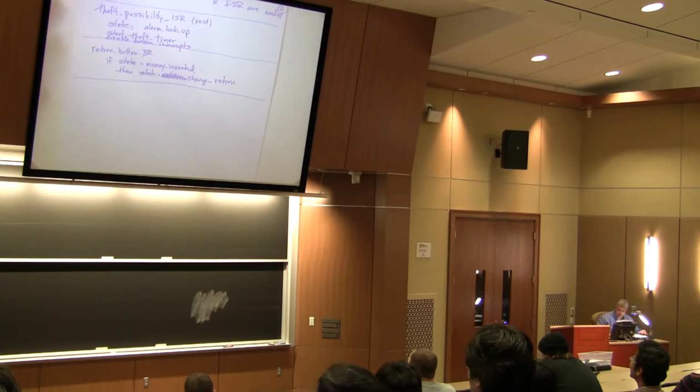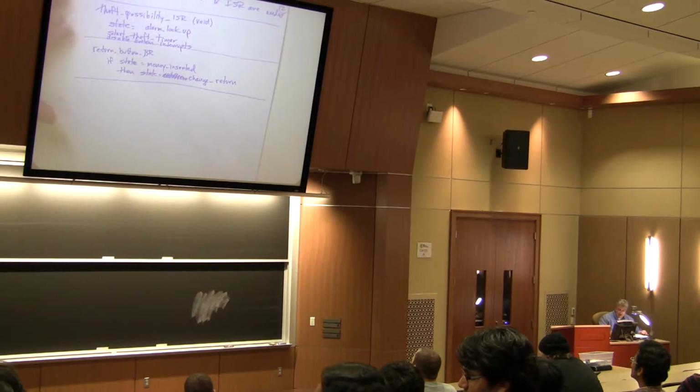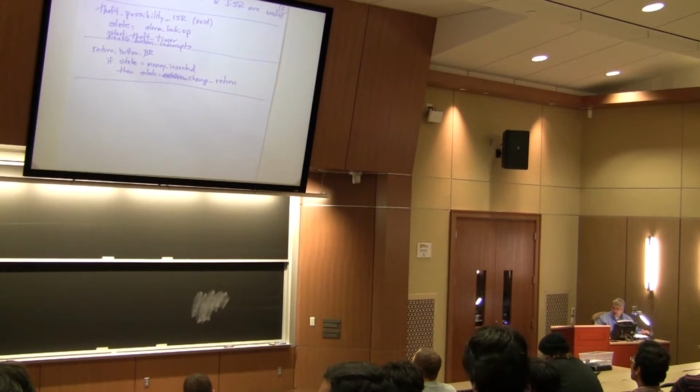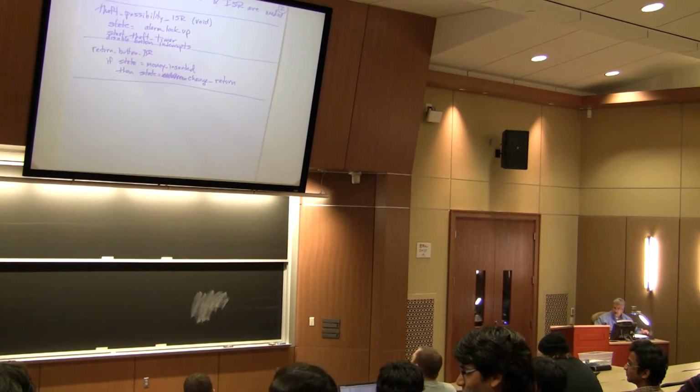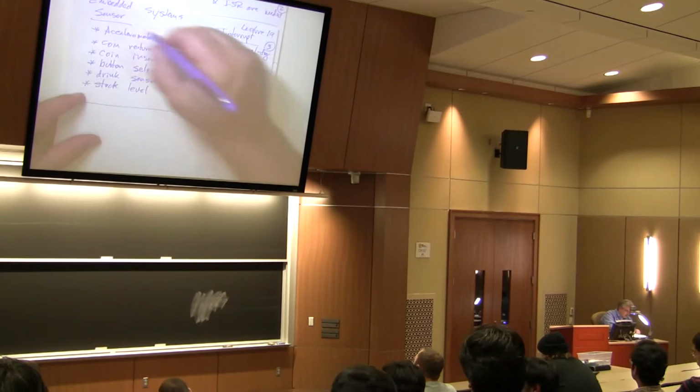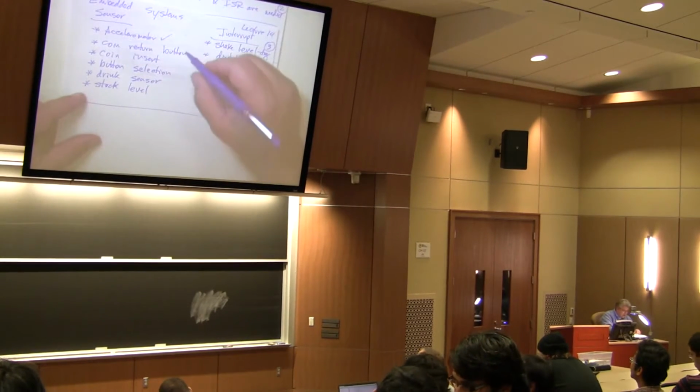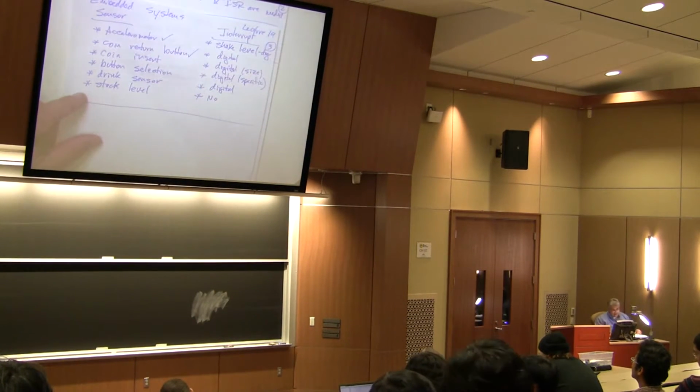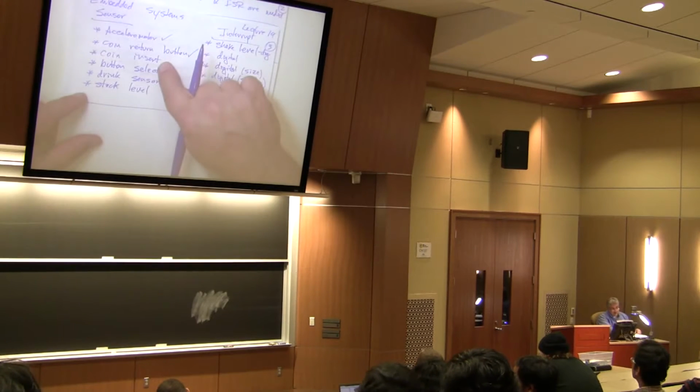What's another interrupt type of event that could happen? Visiting back on here, we took care of the accelerometer, right? We took care of the coin return button, right? How about another one? Coin insert, right?